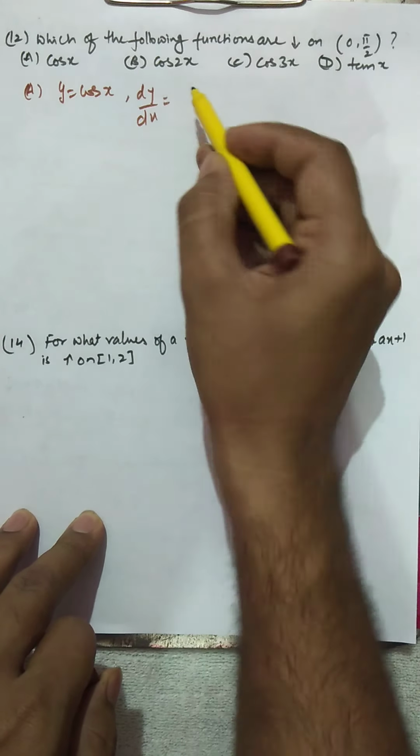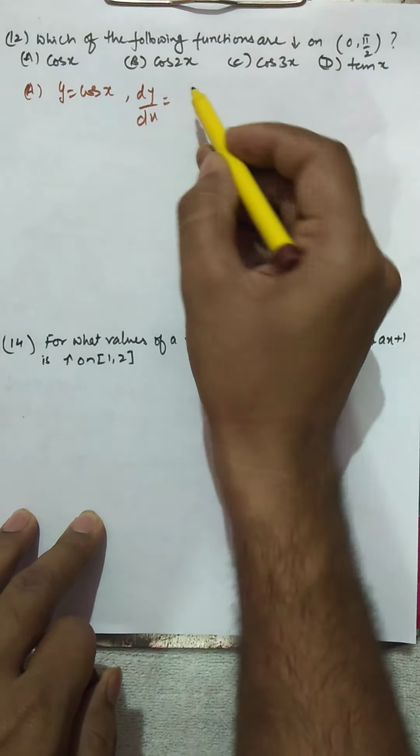So we can now summarize that part A, y equal to cos x, and part B, y equal to cos 2x, are strictly decreasing, and cos 3x is neither decreasing nor increasing, and the fourth one is always strictly increasing. So this is how you can think of these parts.